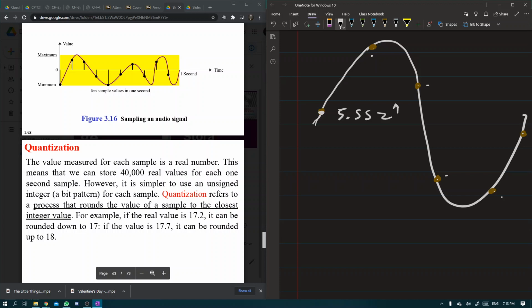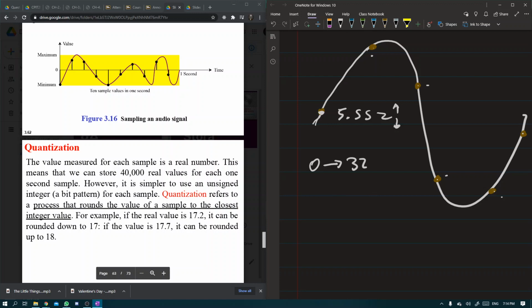So we usually round up or round down. A simple example is storing values from 0 to, let's say, 32, with a step of 1, so it would be 0, 1, 2, 3, 4.